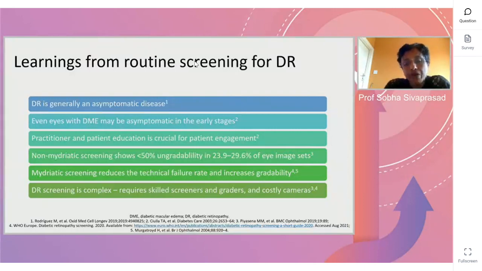So some ways of solving this problem is what all our earlier speakers mentioned, and that is better imaging using skilled screeners and better grading using artificial intelligence. And then for costly cameras, we do now have cheaper smartphone-type cameras that could be used.